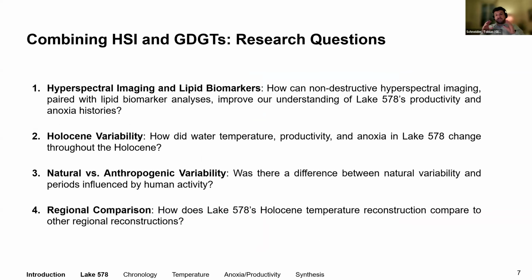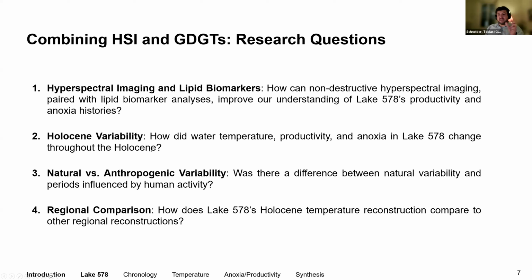And now the general research questions of this project were basically how can we learn something from hyperspectral imaging and lipid biomarkers, and how can we combine them effectively? And then how did the Holocene variability look like in Lake 578?